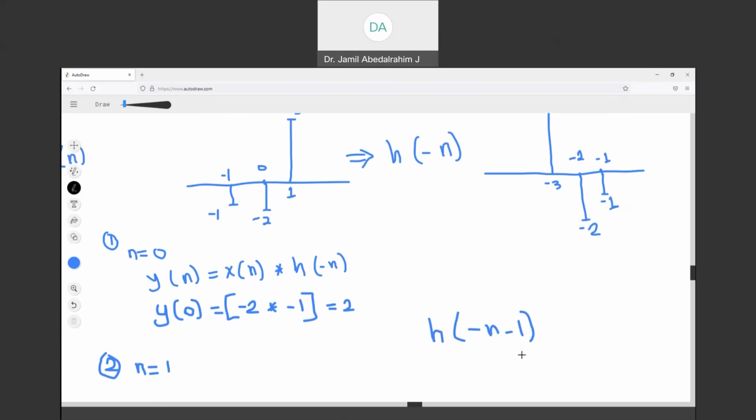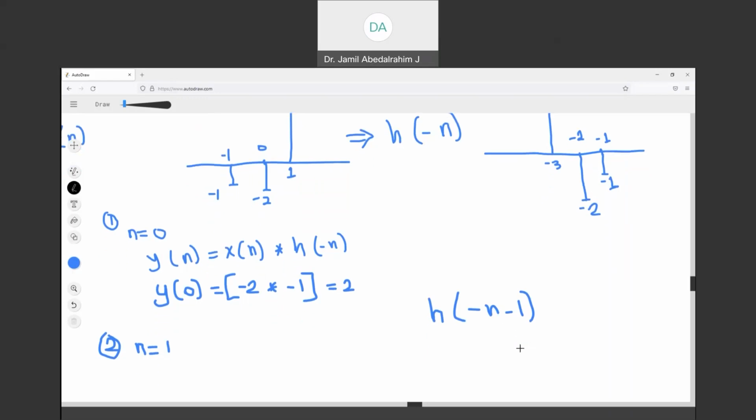You remember, if the shifting is to the positive part, we write negative n minus 1, and if the shifting is to the negative part, we write n plus 1. So here we need to do the shifting to the right side, to the positive side. We write h of negative n minus 1.